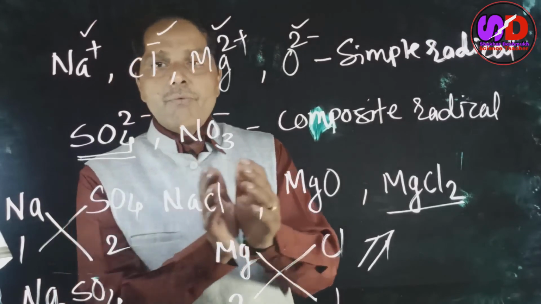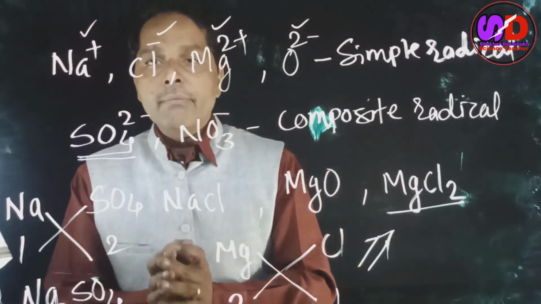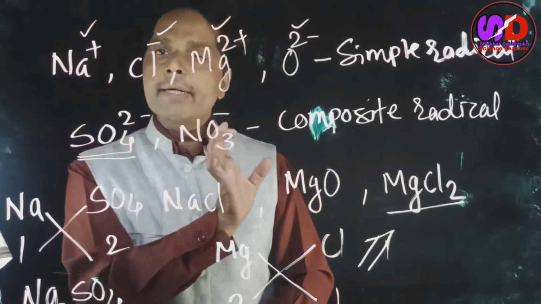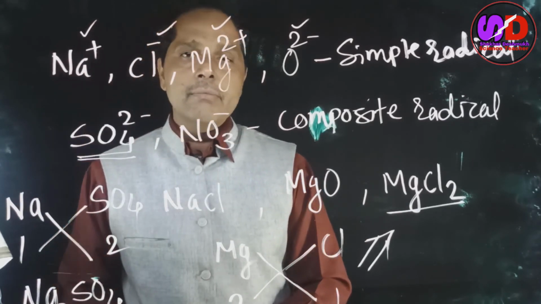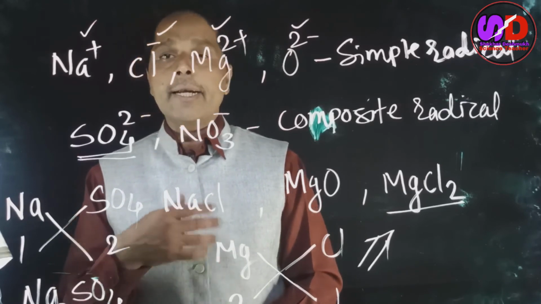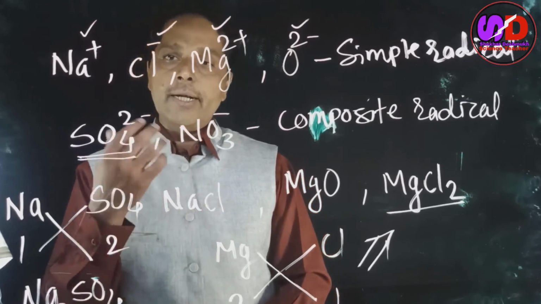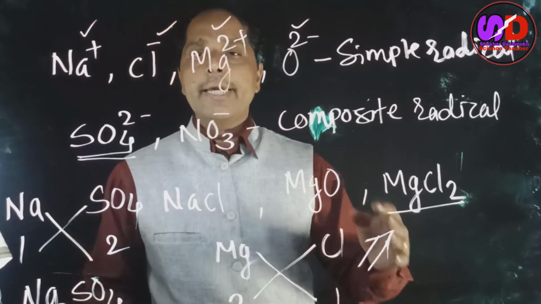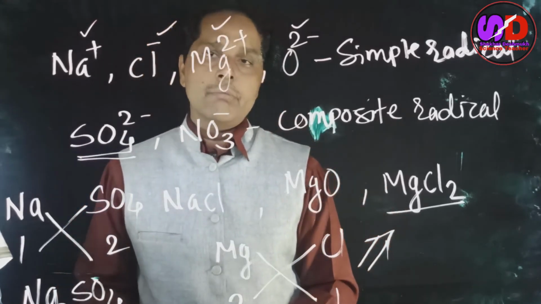So we start from the atomic number. You must know the atomic number of a few elements. If you know the atomic number, you can write the electronic configuration, you can write the valency, and if you know the valency, you can find out any compound.